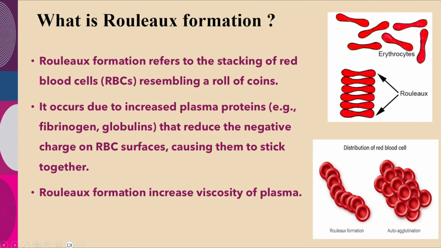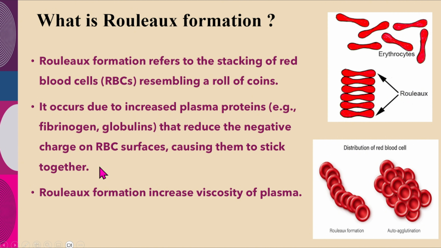What is Rouleaux formation basically? Rouleaux formation refers to stacking of red blood cells resembling a roll of coins. Like we put the coins one on each other. This is the stacking. So this is how the RBCs stack up. It occurs due to increased plasma proteins, for example fibrinogen and globulin, that reduce the negative charge on the RBC surface, causing them to stick together.